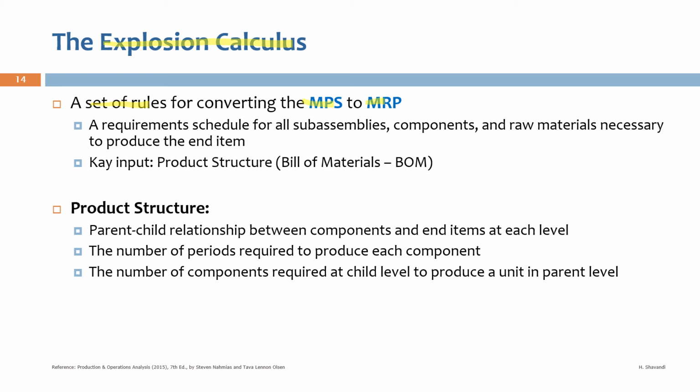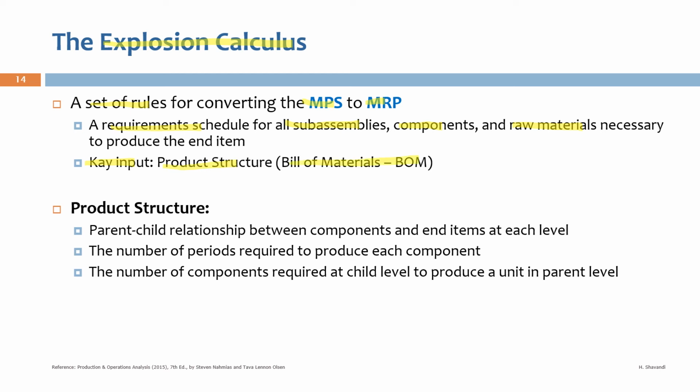Here we'll see how we can obtain the requirements, I mean the quantity and the time, so it will be a requirements schedule for all sub-assemblies, components, and raw materials that we need in order to make the end item. Here the key input will be the product structure, or bill of material, BOM.